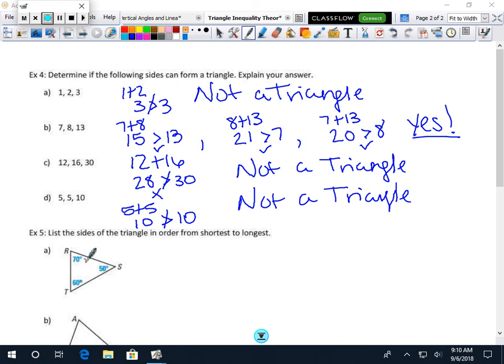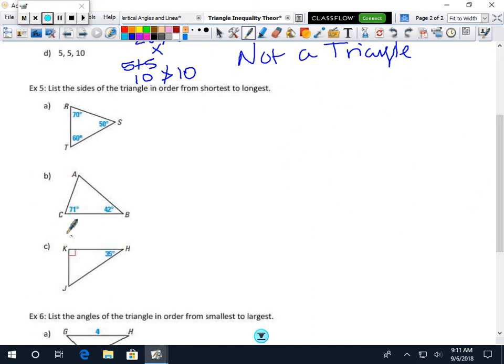Alright, looking at example 5, they want us to list the sides of the triangle in order from shortest to longest. Looking at example A here, my largest angle is 70, which is angle R. My medium angle is 60.